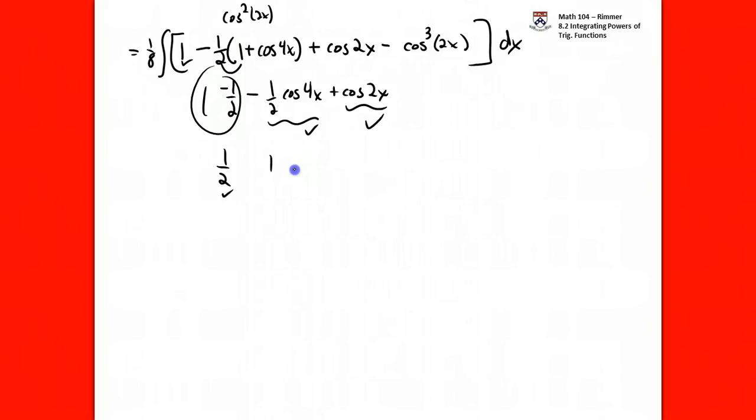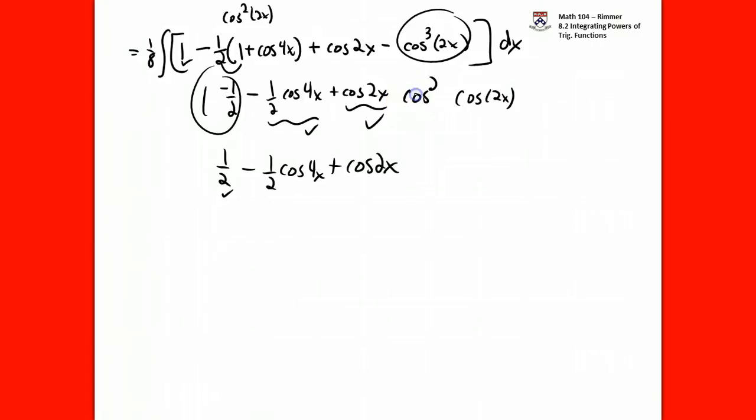You don't know it, but you'll like integrating this guy. And you'll like integrating this guy. This is an issue, but we know how to handle it. We peel off 1 cosine on twice x. We make the other one cosine squared. Don't forget it's a minus, though.